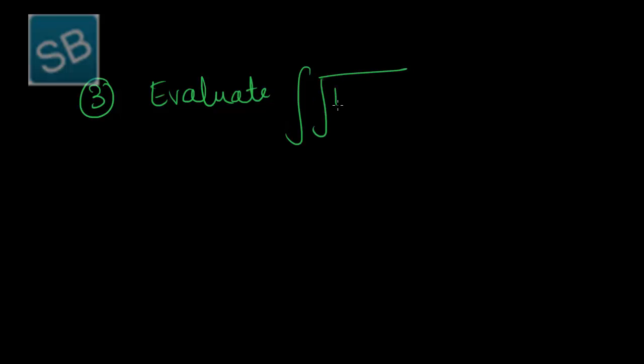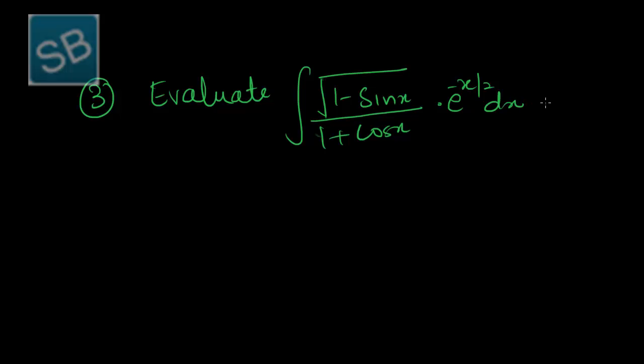Now the next problem is the third. Evaluate the integral of under root of (1 minus sin x) over (1 plus cos x) into e raised to power minus x by 2 dx, for x lying between 0 and pi by 2.